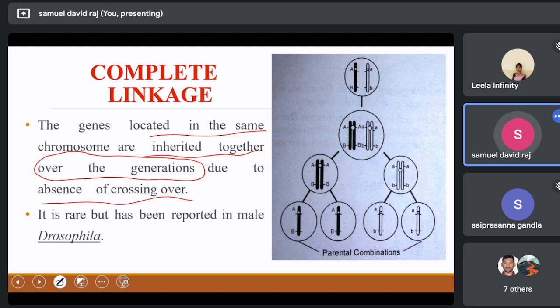When crossing over is absent, there is complete linkage. But there is no single diploid individual on the face of the earth where no crossing over takes place during the formation of gametes. So it is a rare phenomenon. But some scientists reported this phenomenon in male Drosophila.